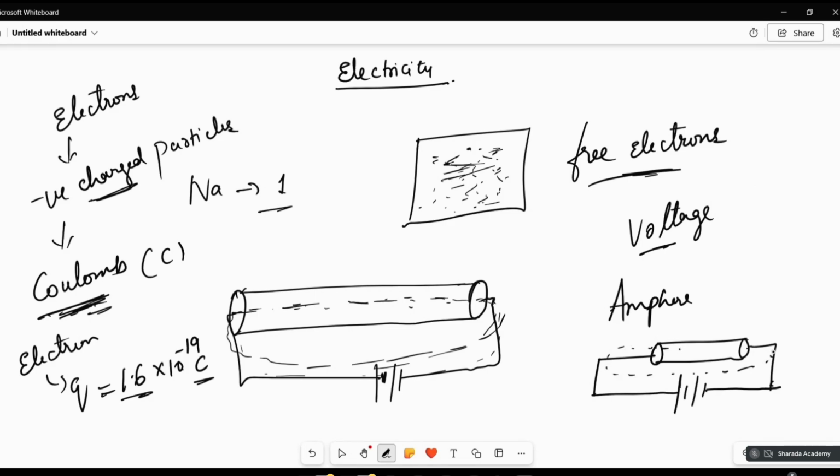See, electrons move in this direction. Electrons are negatively charged. So when I write the bigger line, it is the positive terminal. This is the negative terminal. Since electrons are negative charge, they are attracted towards the positive terminal. So electrons move in this direction.